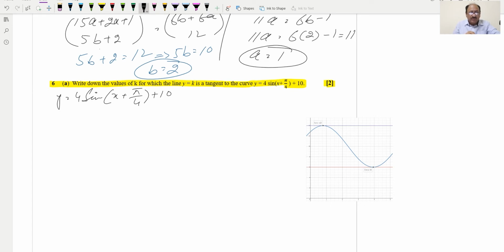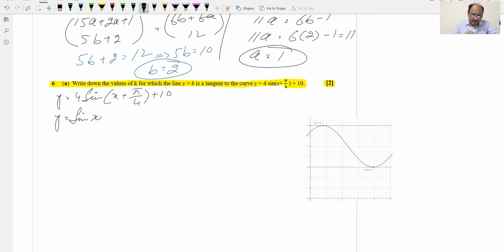So now we can understand by like y is equal to sine x. Now instead of x we are having x plus pi by 4.